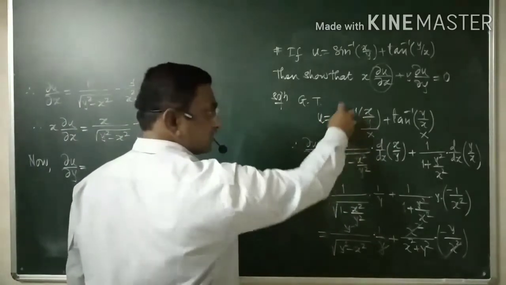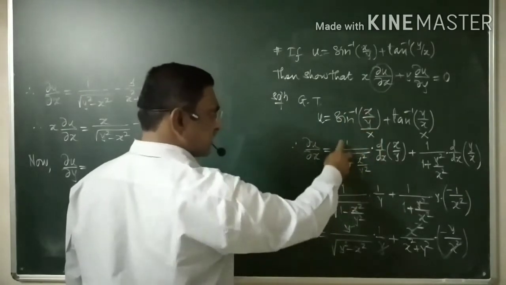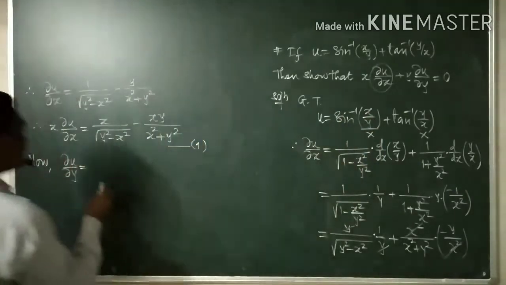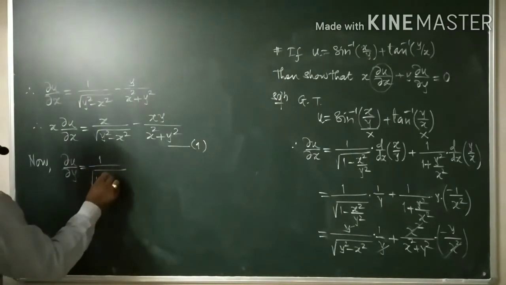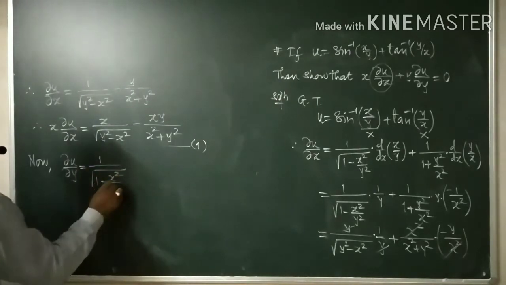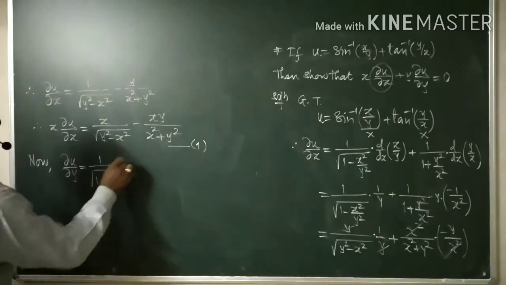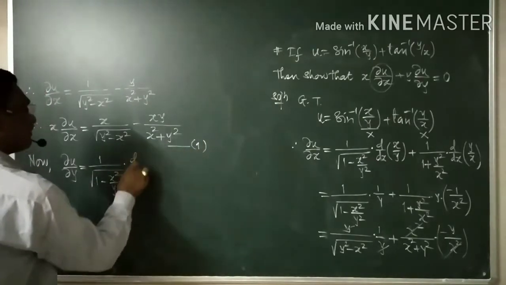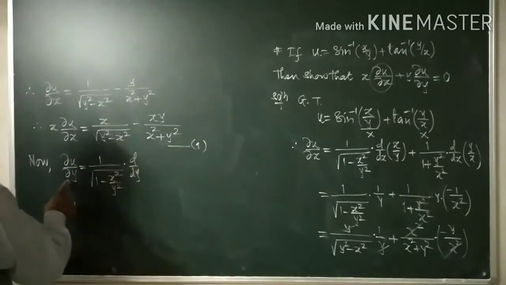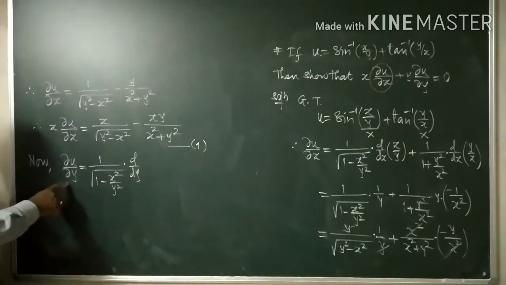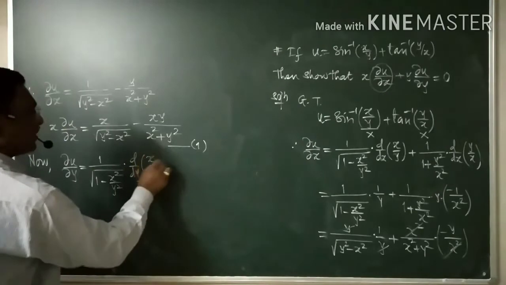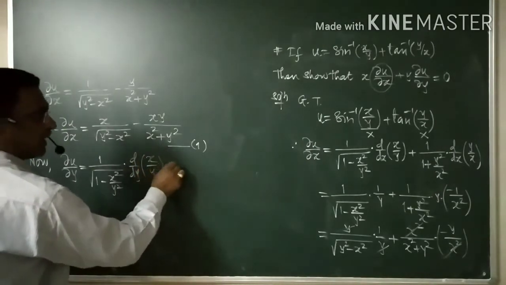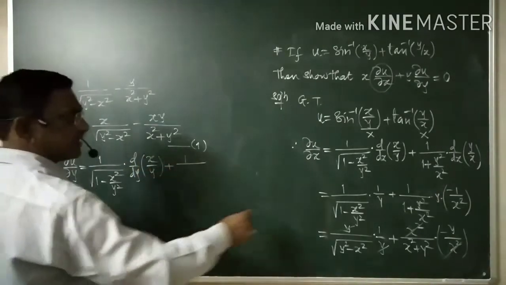One and the same, by using the same formula: 1 upon root 1 minus x square upon y square into d by dy, because we are differentiating with respect to y, d by dy of x upon y. Plus again the same thing here.